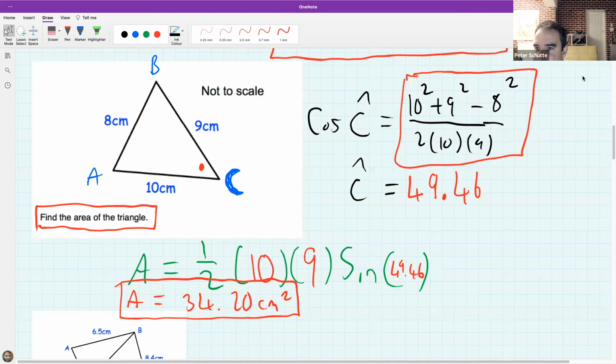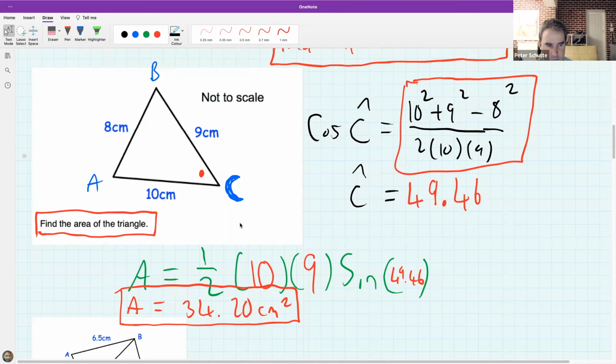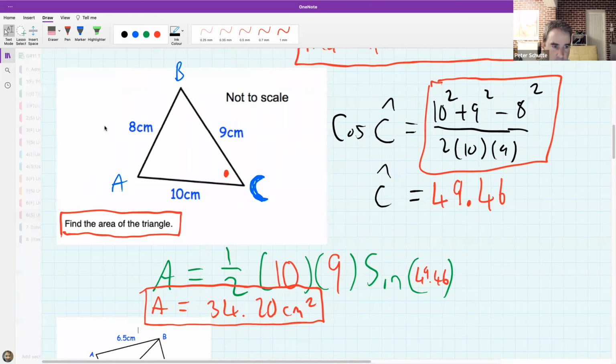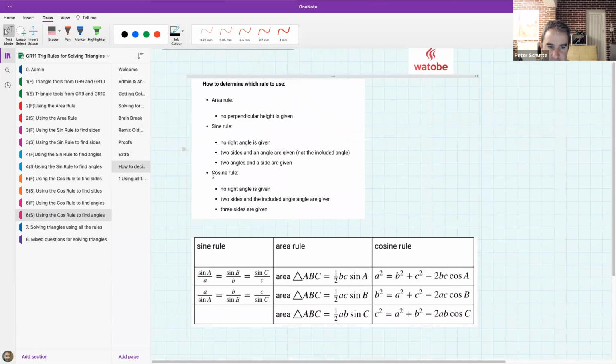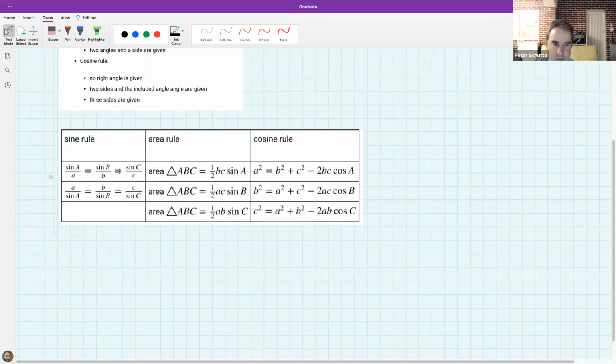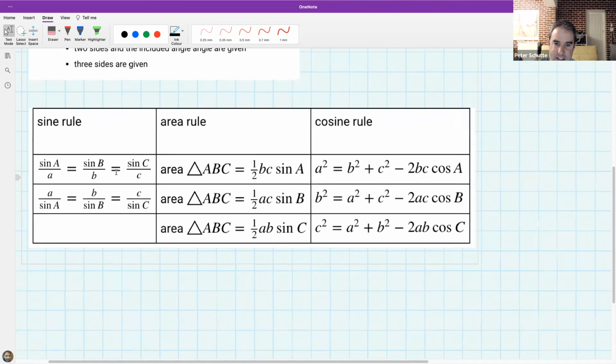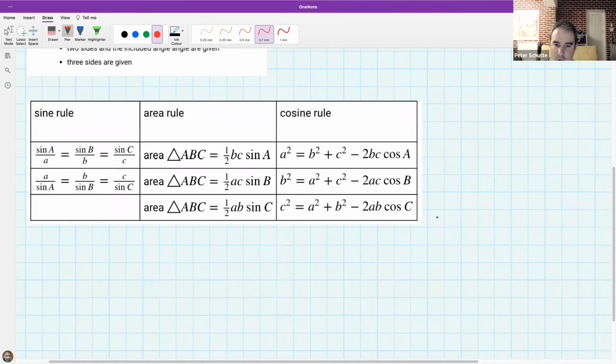Okay, Nizole, what is your question? Sir, can you just write down all the rules that we've done so far so I can just screenshot them? Yeah, okay, I've actually got them on another screen. So the rules that we've done, and we're going to talk more about this in the next lesson, this is what we've learned, although today we learned how to write the cos rule where the angle stands by itself.